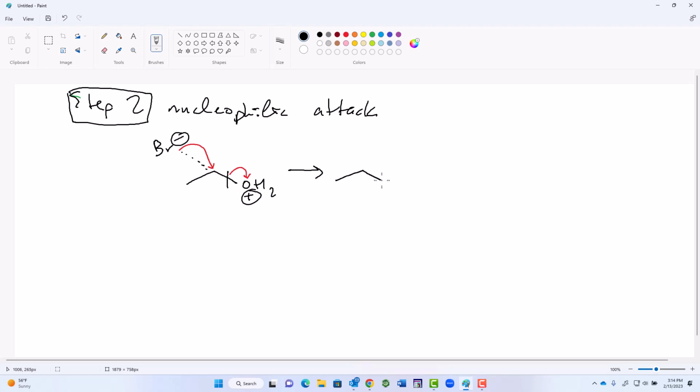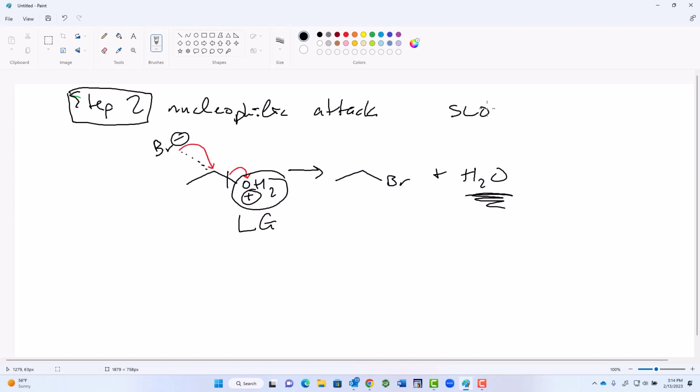As a result, we've formed a new C-Br bond, and we've lost H2O. What we call a leaving group: H2O is a good leaving group, and we see that OH is not a good leaving group, but H2O is stable as it leaves, so we call it a good leaving group.